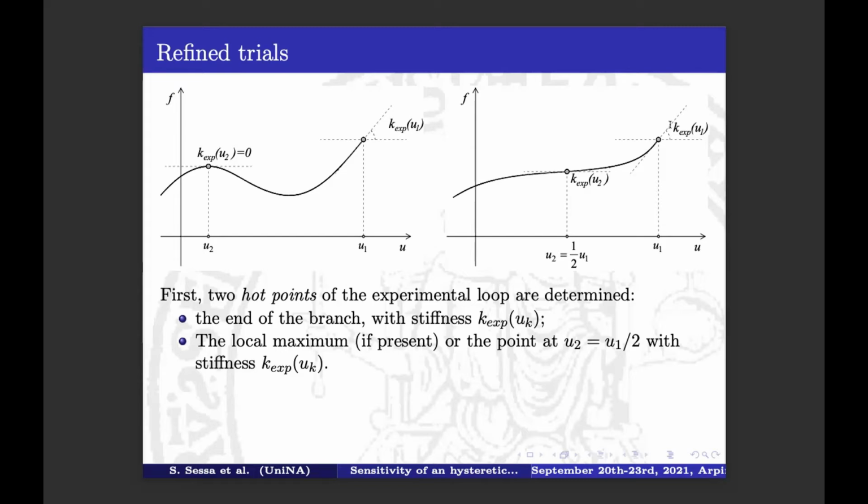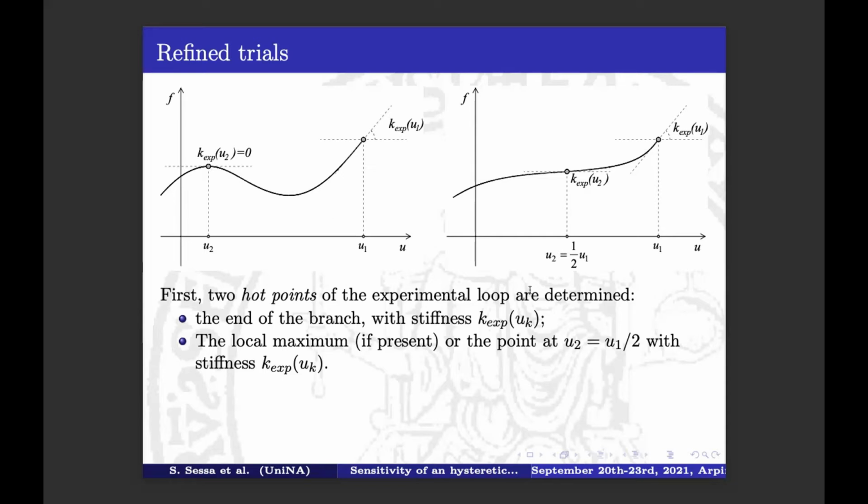So we can set two, let's say, hot points of the graph. If we have a local minimum or maximum, then this one is a good candidate, as well as the point at the end of the loop.